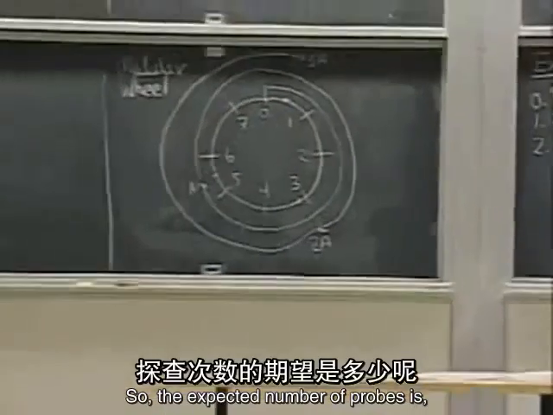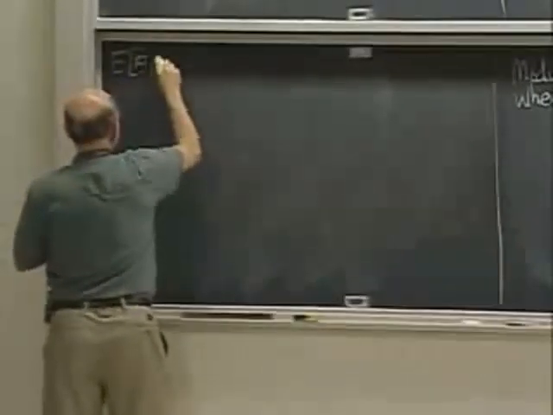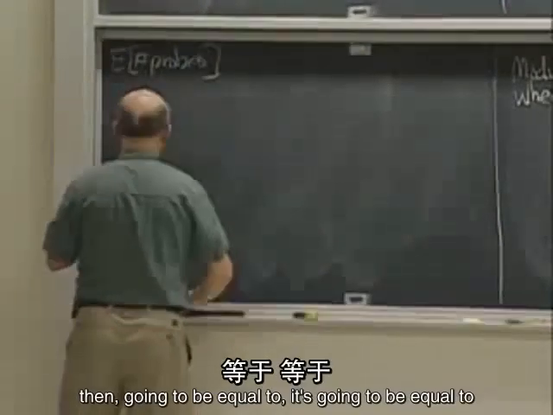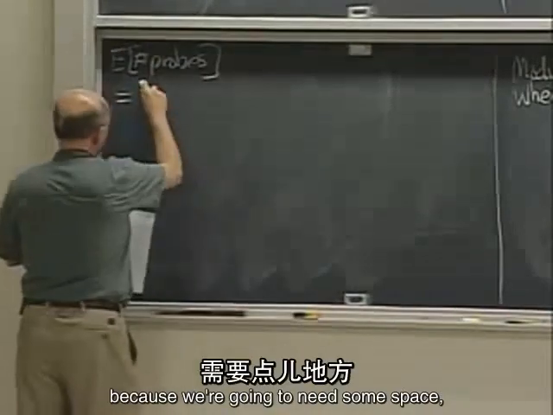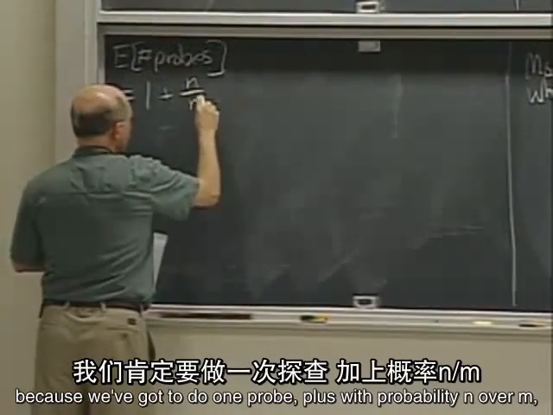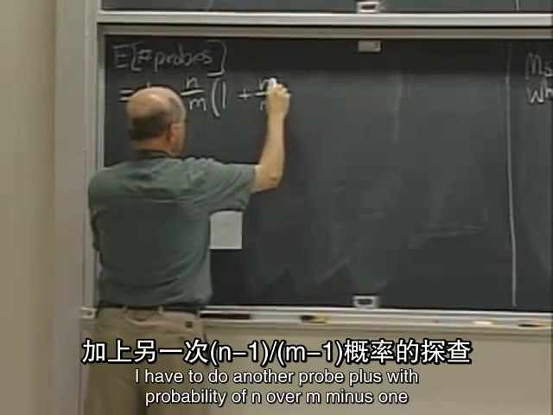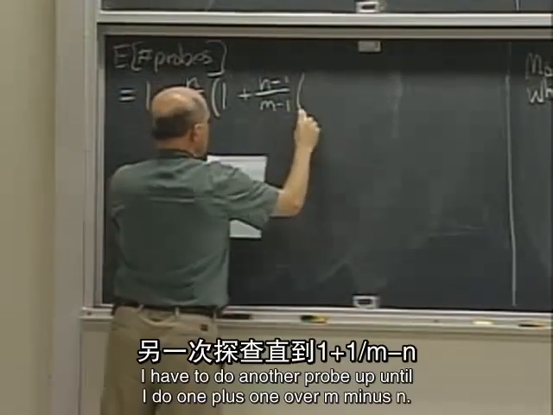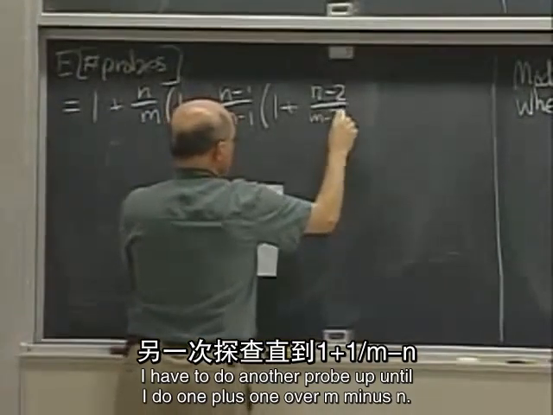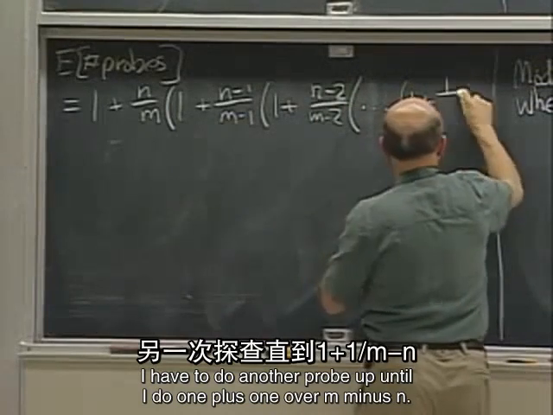So the expected number of probes is then going to be equal to 1, which is forced because we've got to do one probe, plus, with probability n over m, I have to do another probe, plus with probability n minus 1 over m minus 1, I have to do another probe, up until I do 1 plus 1 over m minus n.